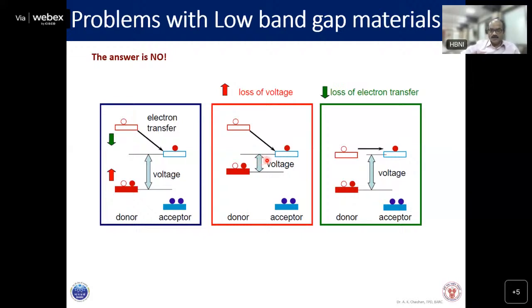The electrons and holes will move, and you can increase the current, but the voltage is less. So this will not serve the purpose, and then you will have more heat losses here, and there will be a loss of electron transfer. Therefore, reducing the band gap is not the solution.